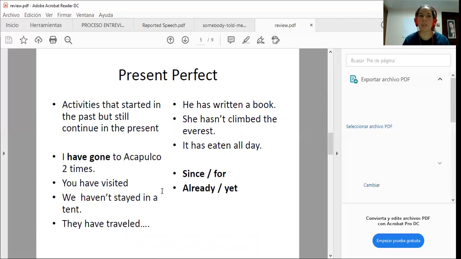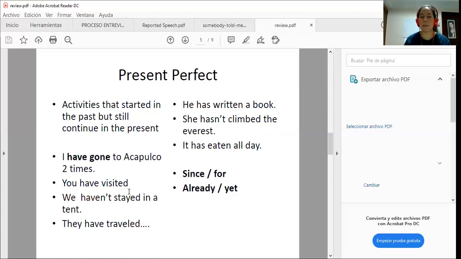Present perfect. Okay. Well, this structure, we use it when we talk about activities that started in the past, but continue in the present. For example, my first sentence, "I have gone to Acapulco 2 times." Since I was born till today, I have visited Acapulco only 2 times in my life.